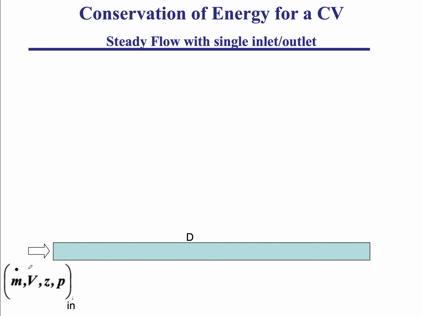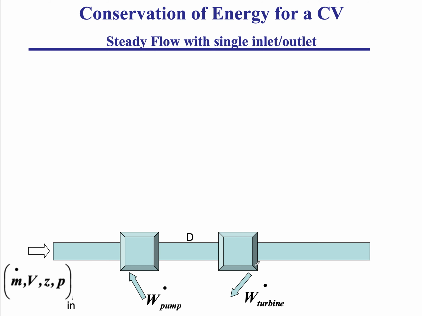And as this fluid goes through the pipe, it can get a boost in energy through shaft work from a pump, and it can have some energy extracted from it by a turbine. And as it goes through the pipe, it's going to leave from the other end, and now it leaves with a new level of energy, pressure, Z, V. If it's single inlet, single outlet, and steady flow, we're going to keep the mass flow rate the same.